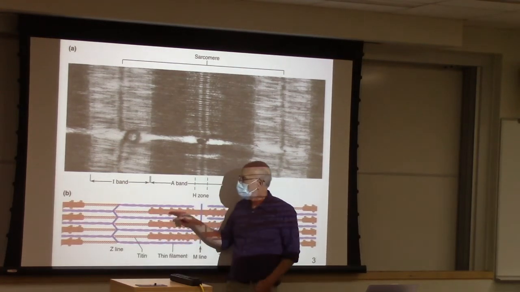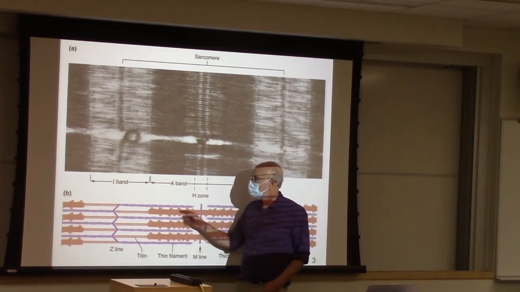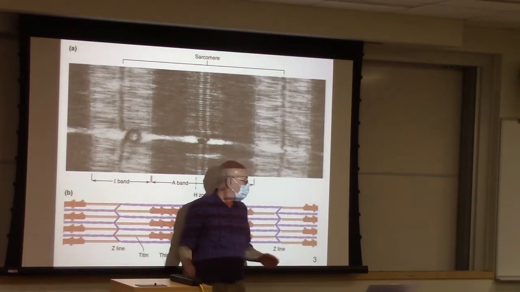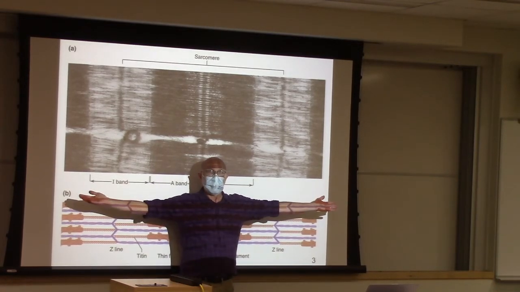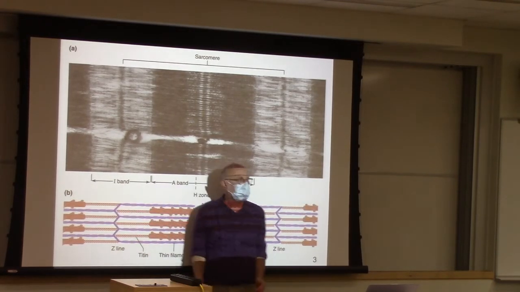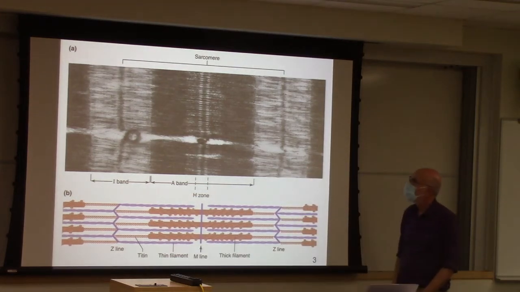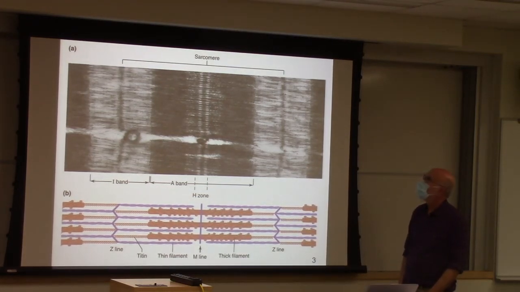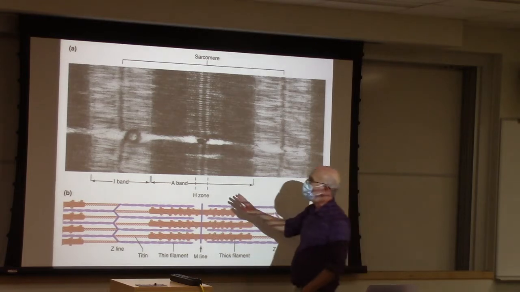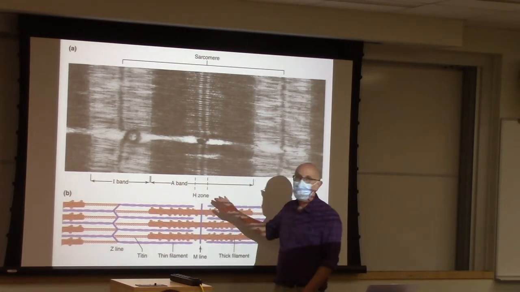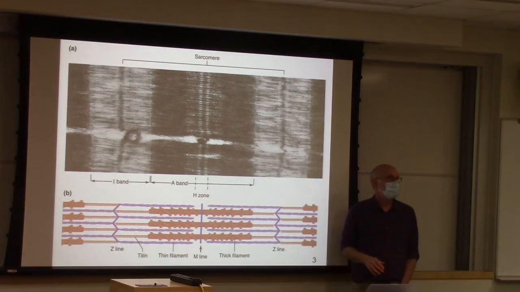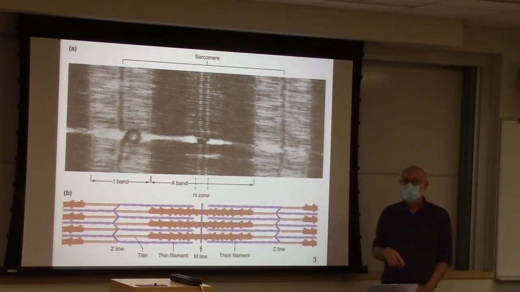All of these myosins are bundled together, and they're opposite on either side of the M line. For this course, I don't need you to know all the nomenclature of the sarcomere.